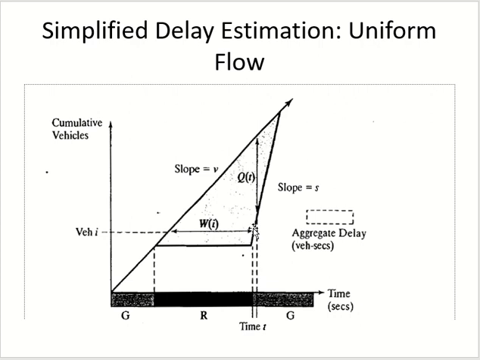And then what is W? They are making it easy, right? Q was for queue, so W is for waiting. Yes, waiting time. So this vehicle arrives at this time and leaves at this time.